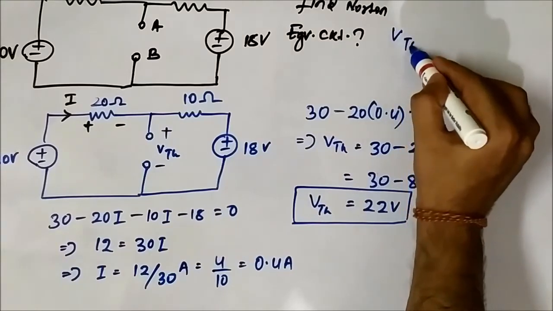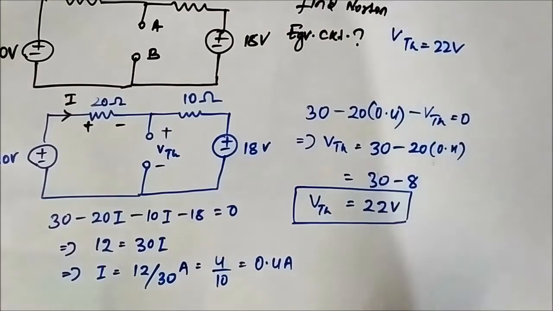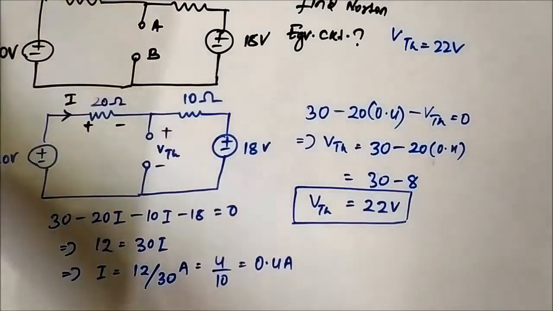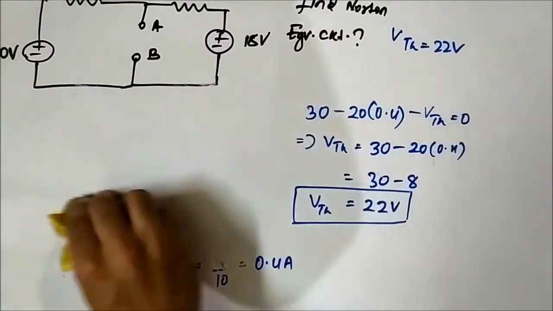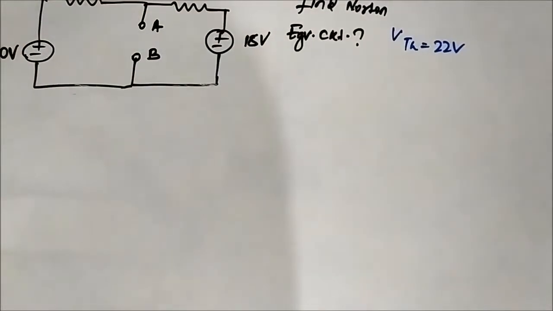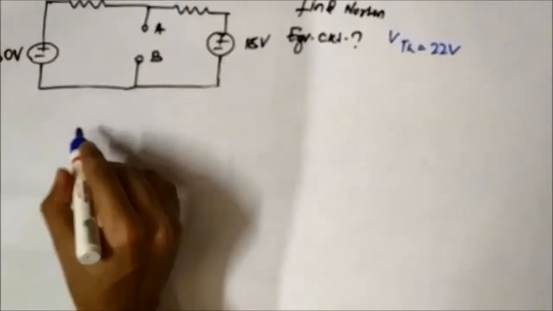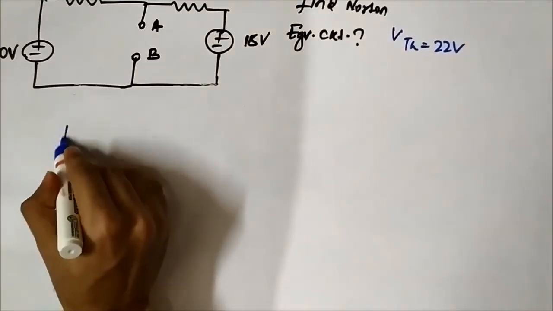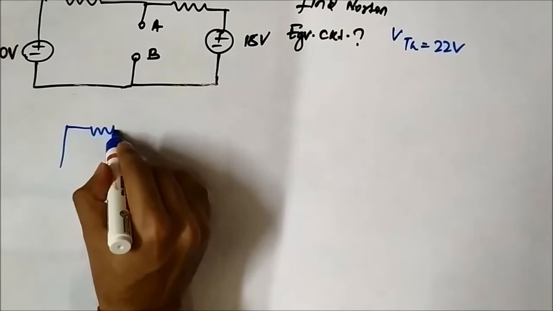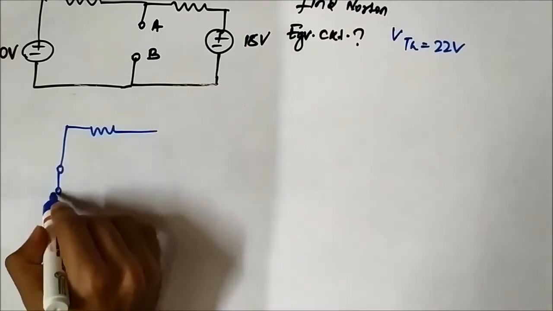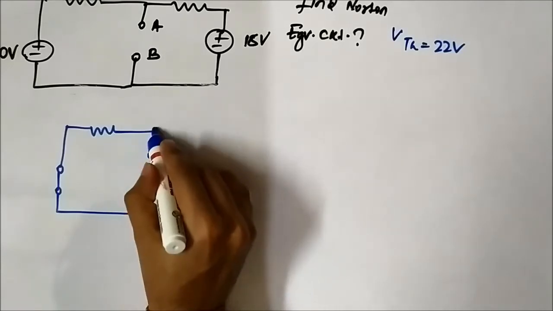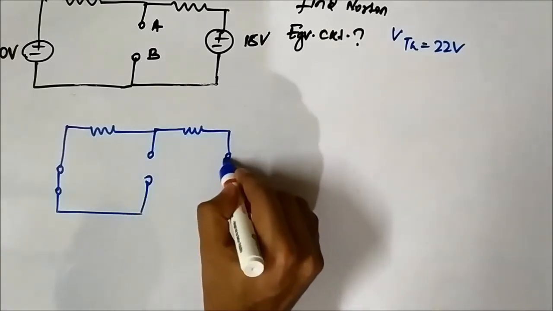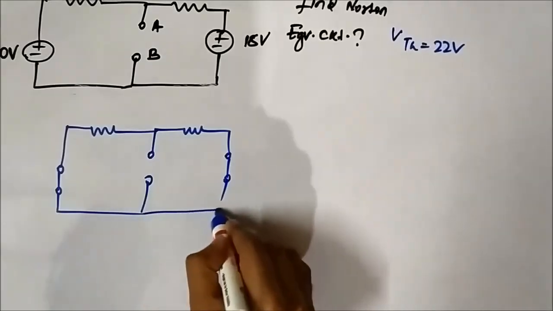Now we have to find RTH. RTH is basically found by deactivating the independent sources. Here we have two independent voltage sources, so we have to short circuit them and find the equivalent resistance across the terminals A and B. So that will be 20 ohm, this is short circuited, again this is short circuited, the 18 volt.